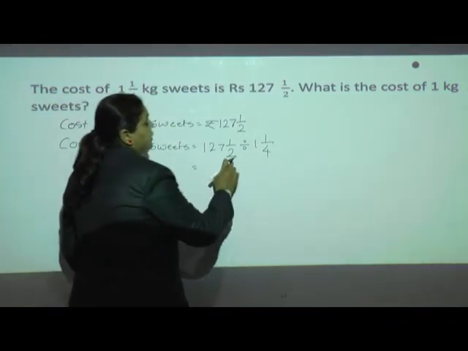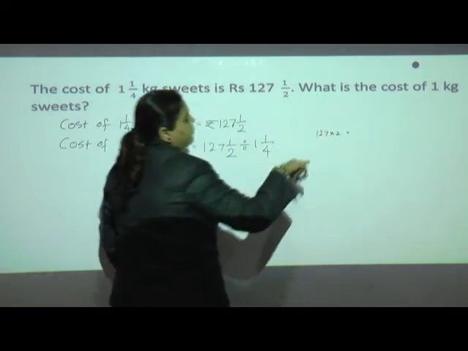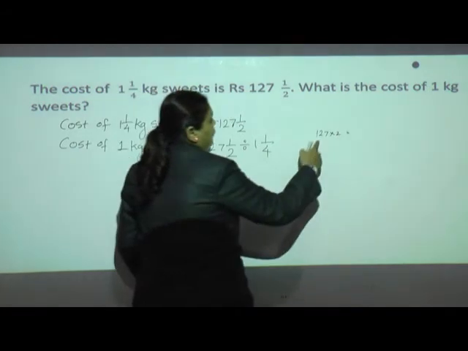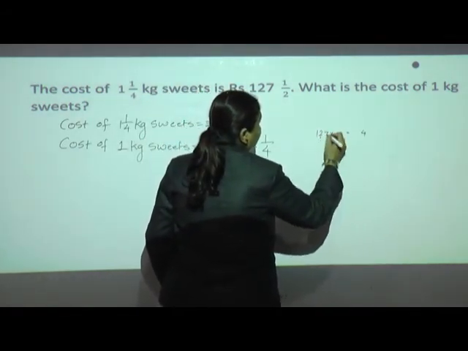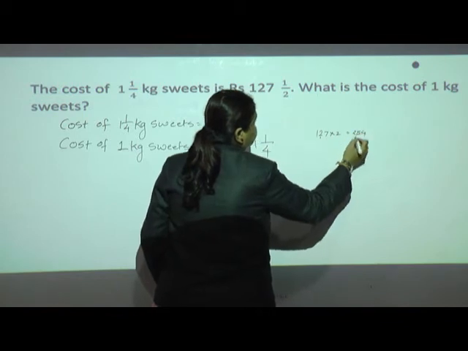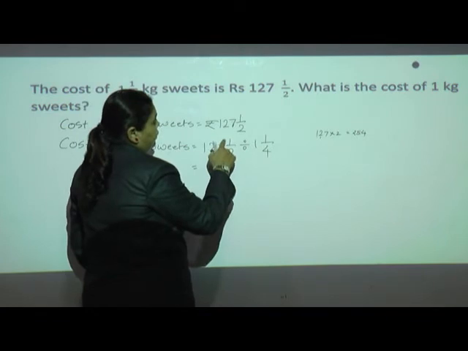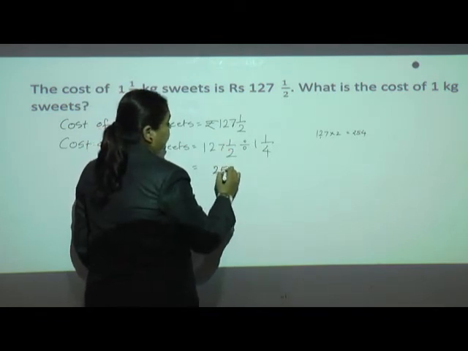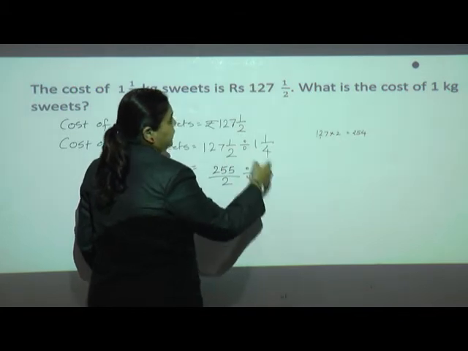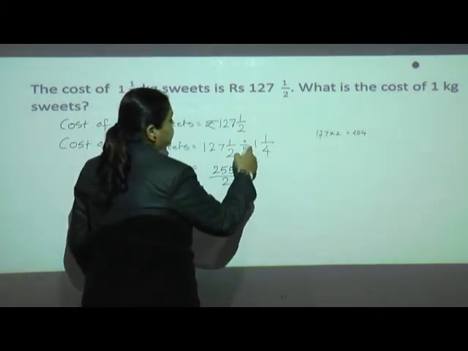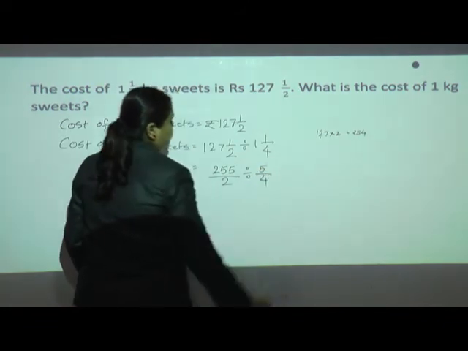So 127 2s are, or you can add 2 times 100 and 27. Here 7 2s are 14, 1 carry, 2 2s are 4 and 5, and 2 1s are 254. This is the multiplication, and adding 1 gives 255/2 divided by, this is a very simple number, 4 1s are 4 plus 1 is 5/4.